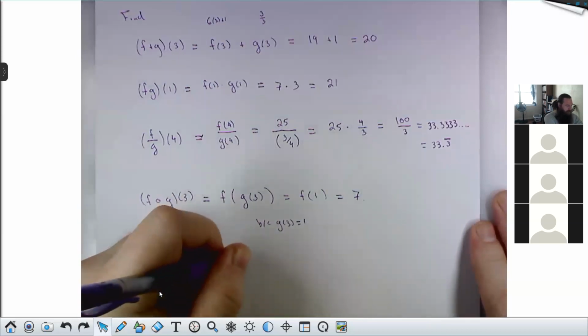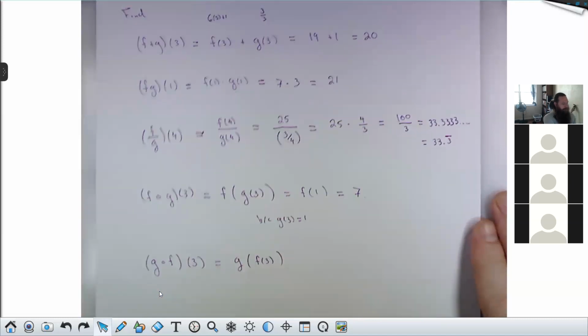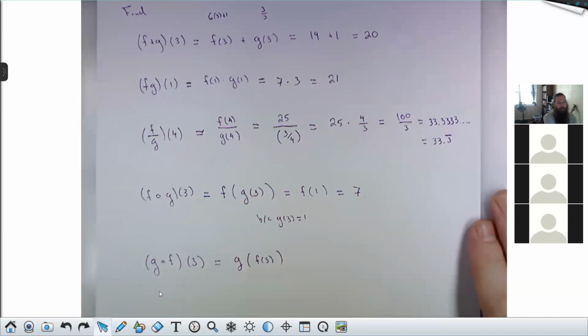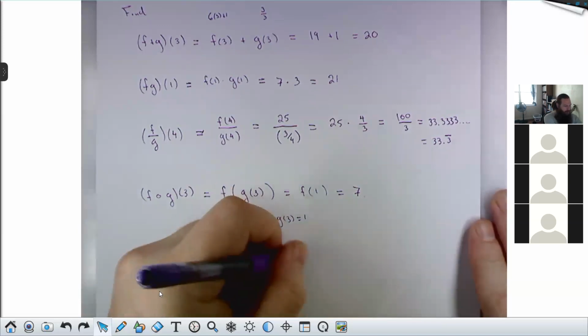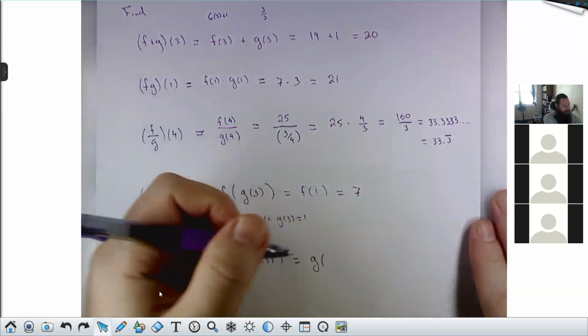This would be g of f of 3 like this. And then f of 3, remember that that's 19. That's 6 times 3 plus 1. We used that earlier. So this is g of 19.